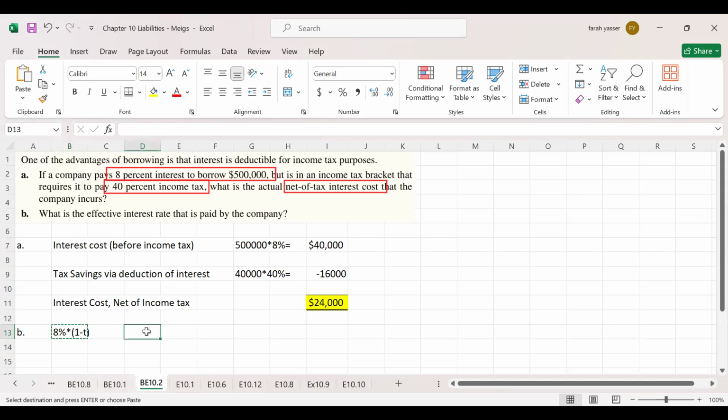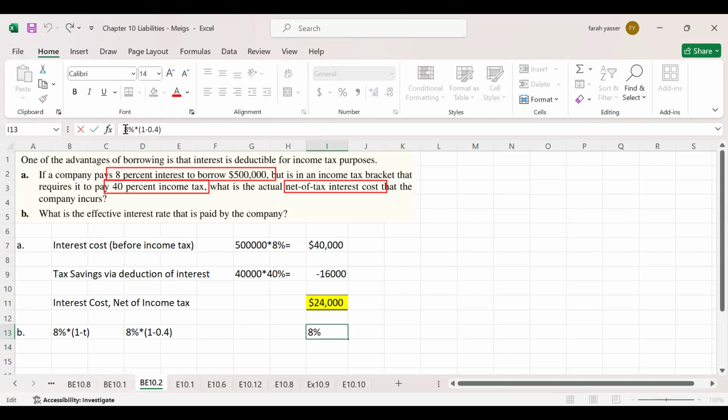For calculating the effective interest rate, T is 0.4, or you can say 40%. So the effective interest rate will be 0.48, or in terms of percentage, 4.8%. So the effective interest rate is 4.8%.